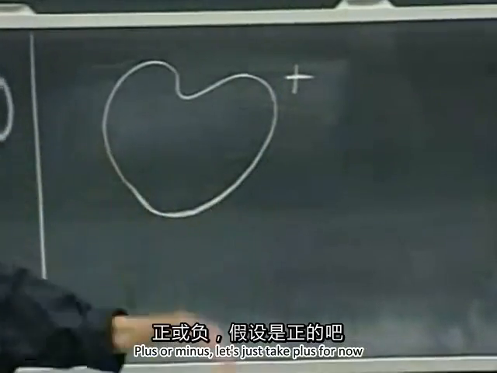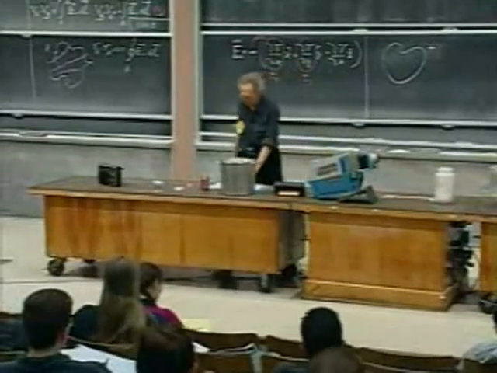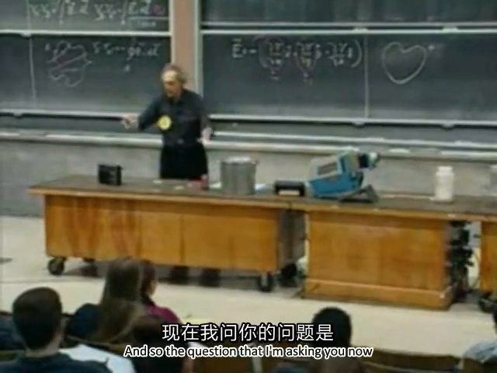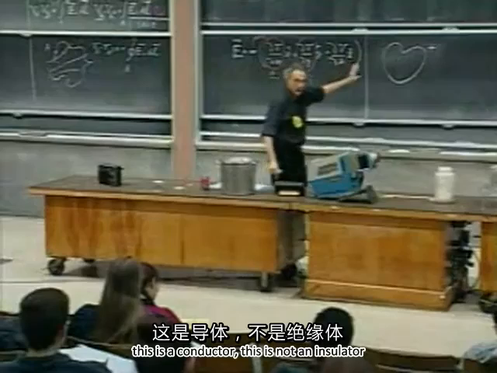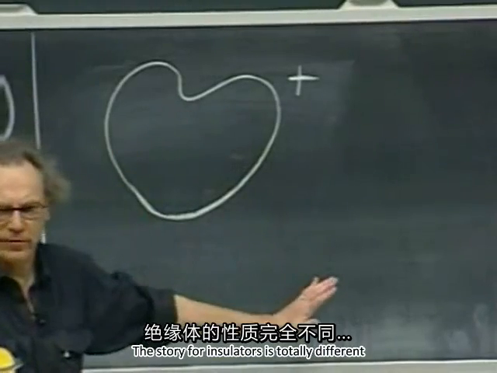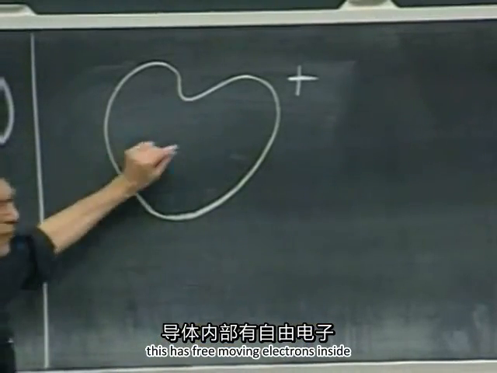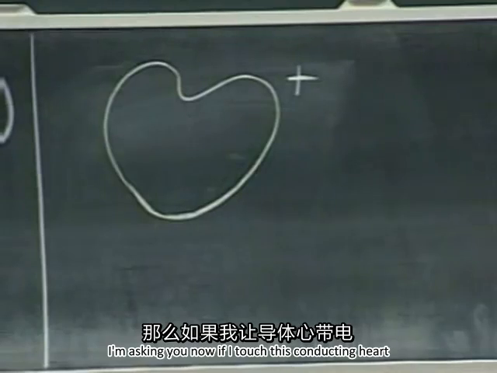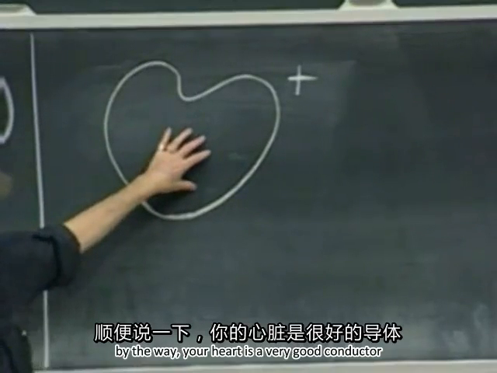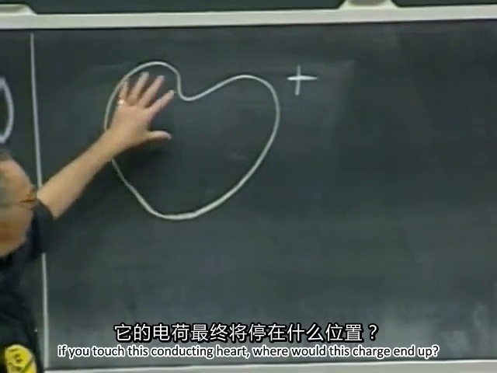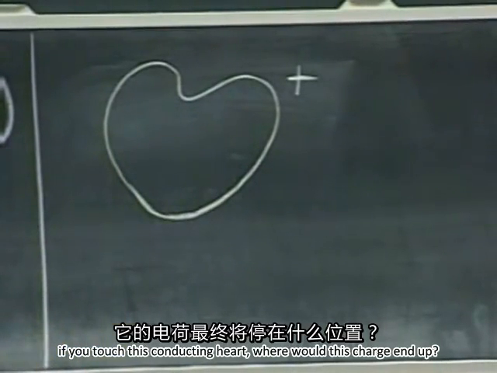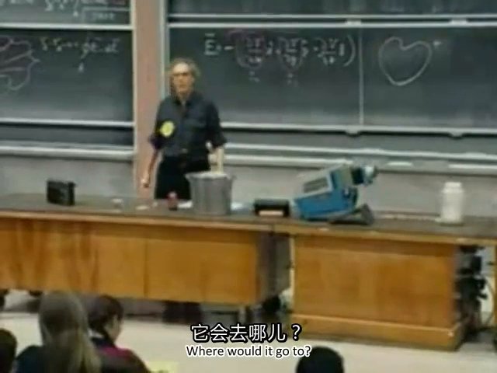Plus or minus, let's just take plus for now. This is a conductor, this is not an insulator. The story for insulators is totally different. This has free moving electrons inside. I'm asking you now, if I touch this conducting heart, by the way, your heart is a very good conductor, where would this charge end up? Where would it go to?